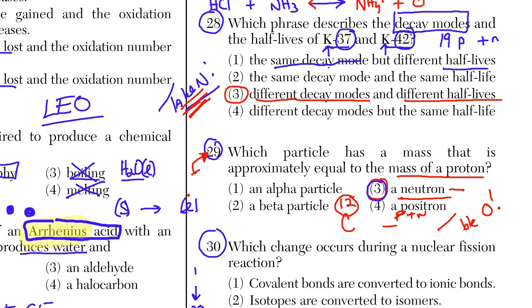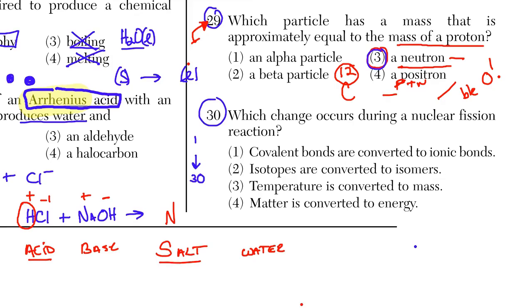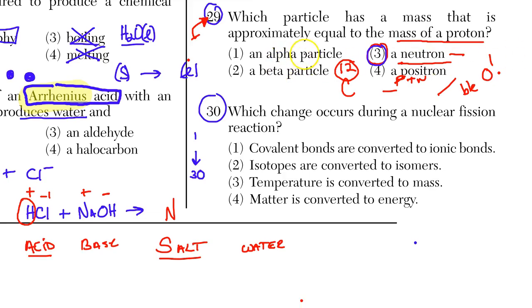Type of particles that the selected radioisotopes gave off. 29 was talking about the individual particles that are given off that make those individual decay modes. Of course there's no decay mode for neutrons, but Table O, as we learned, shows us all those different types of particles and how they differ. And 30 is another nuclear chemistry question. So knowing where you are in the test can help you.